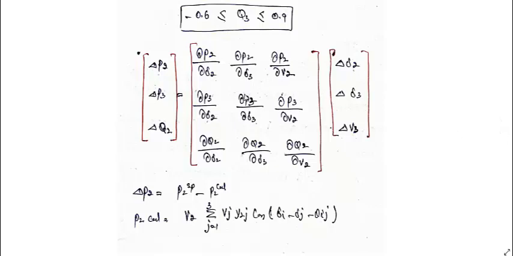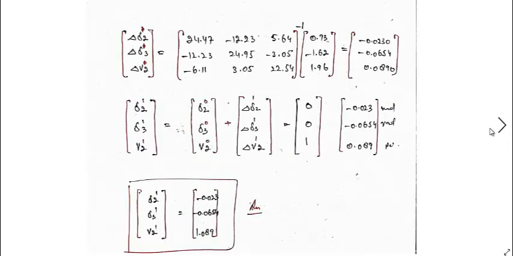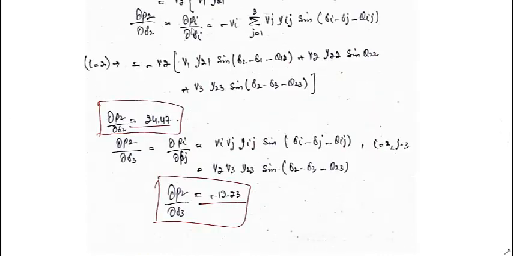Now we have to calculate the 9 values of this matrix. So delta P2 by delta delta 2: if you check the previous equation which we have already derived for this, it comes out to be equal to minus Vi summation j equal to 1 to n, where j should not be equal to i.